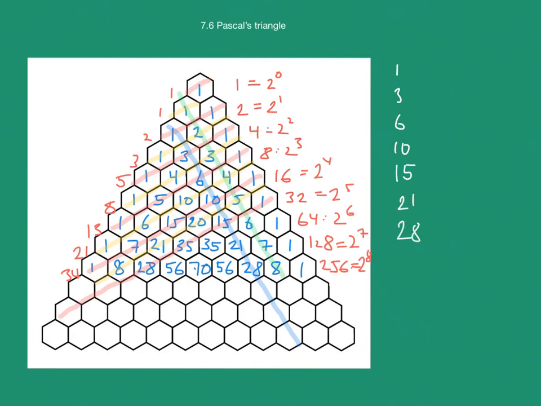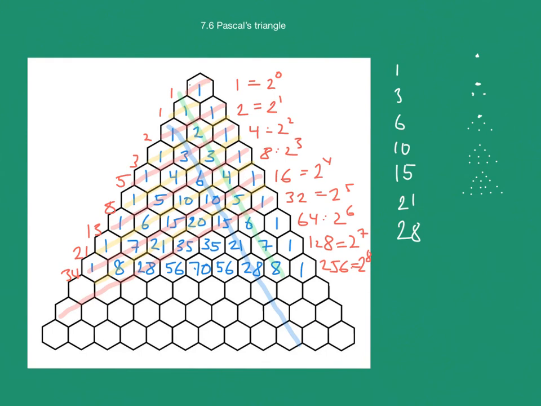And the reason they're called pyramid numbers is that if you represent these as dots, then these are the dots you need to make small pyramids. Yeah, and so on.